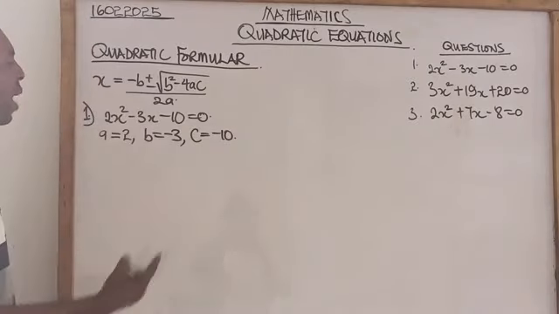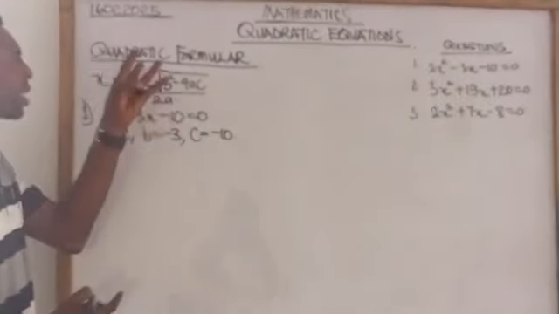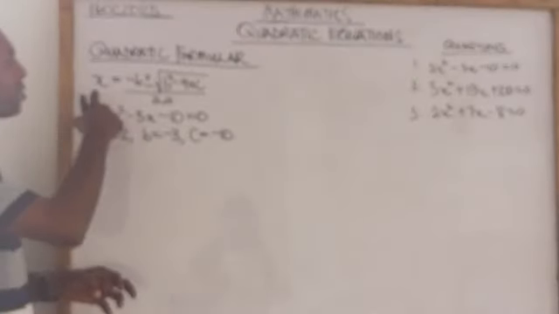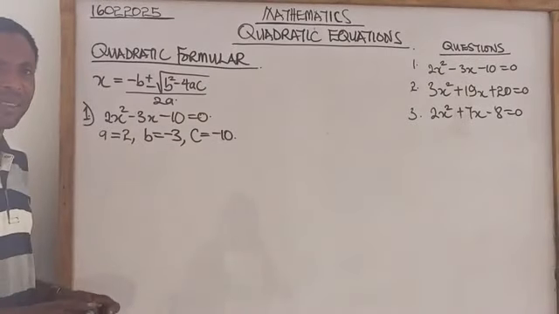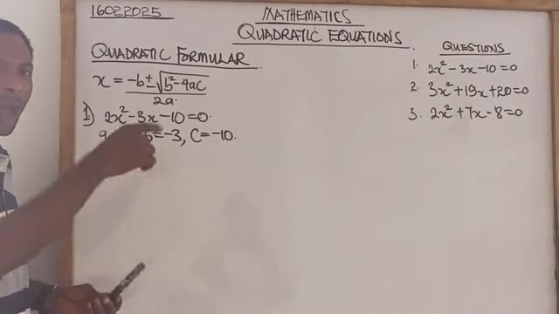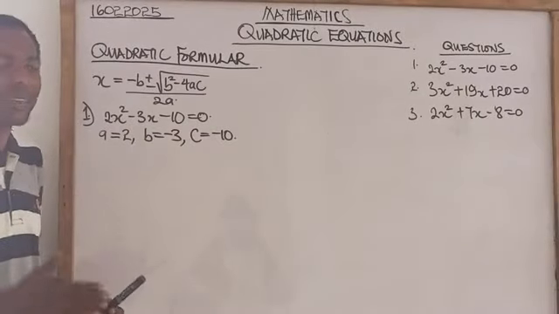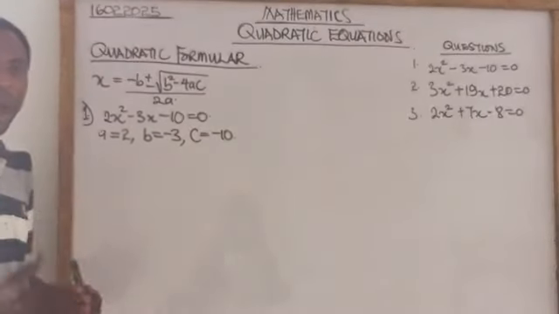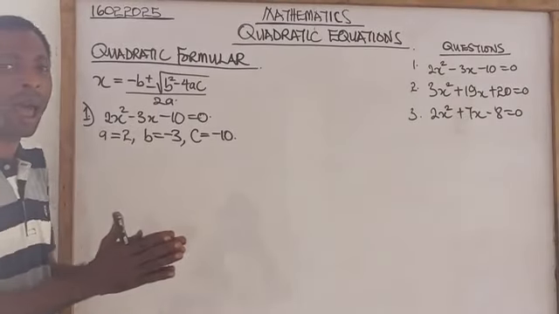With all these 3 values, when we put them back into the formula, we get the value of x. If we had decided to factorize, or to solve by completing the square, we would have gotten the same answer.